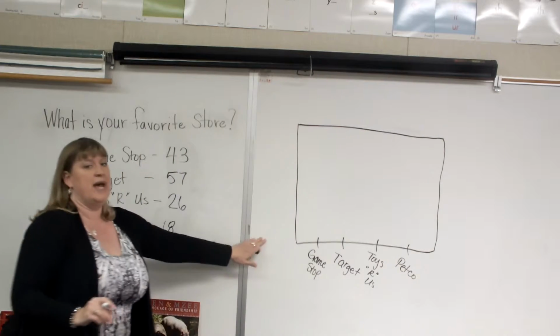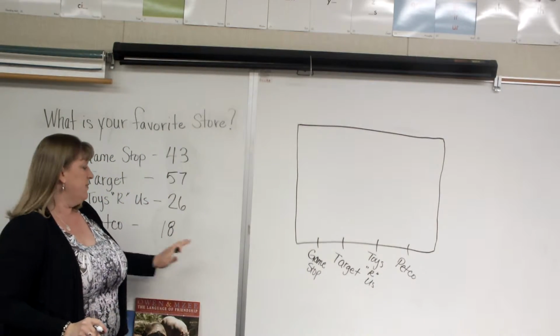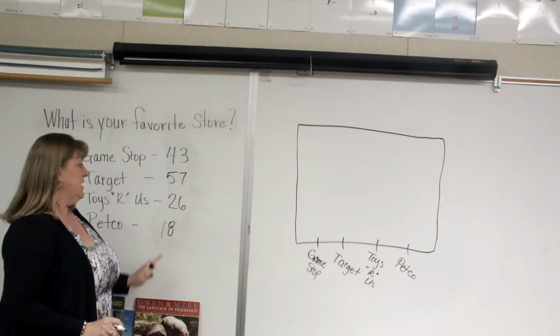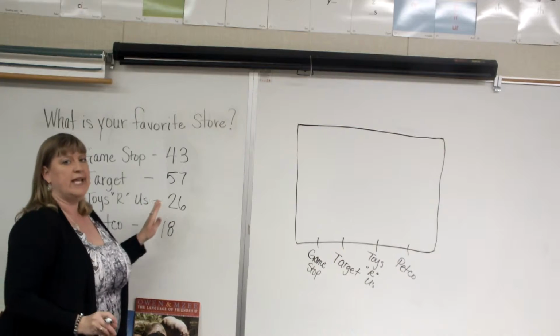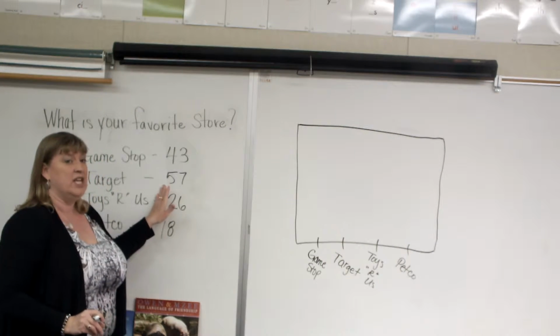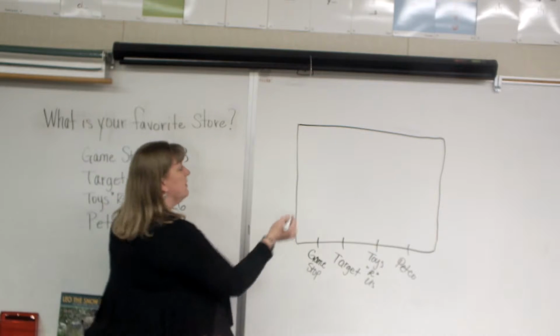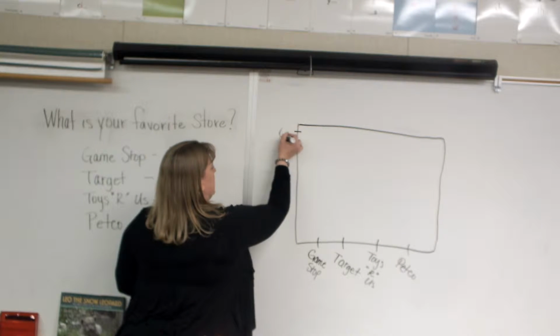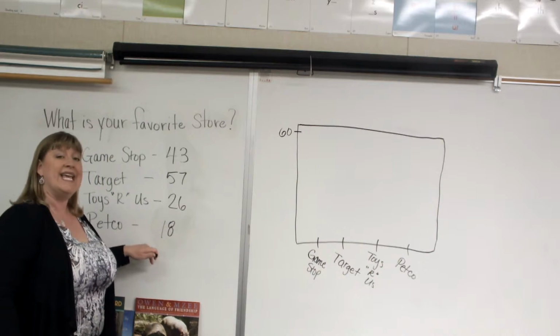Now we want to put our numbers along this side of the graph. We're going to put them from the lowest to the highest in regards to these numbers. So what is our highest number? 57. So we at least need our number line to go higher than 57. So let's make the top number 60. What is our lowest number? Our lowest number is 18.